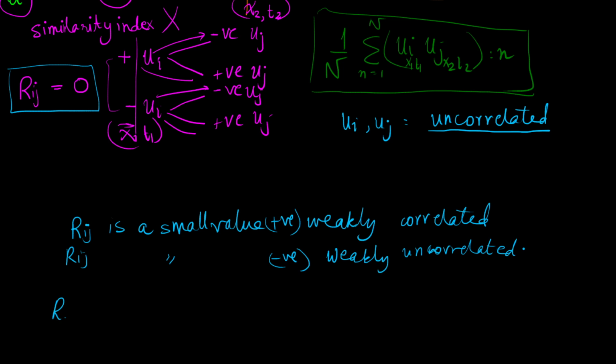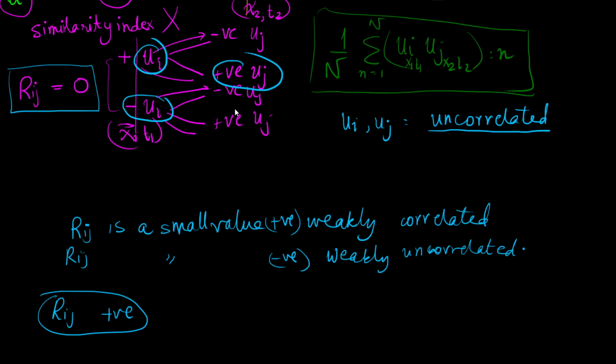If Rij is large and positive, when is Rij going to be positive? First of all, when a positive value of ui is associated with a positive value of uj, and a negative value of ui is associated with a negative value of uj, then Rij will be positive. So this is called a strongly correlated system.